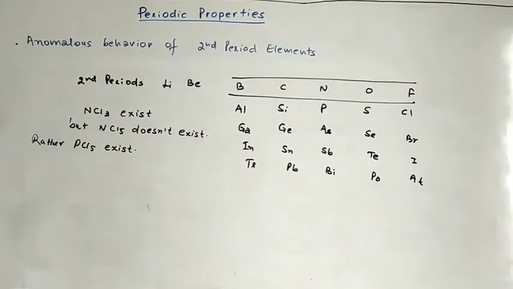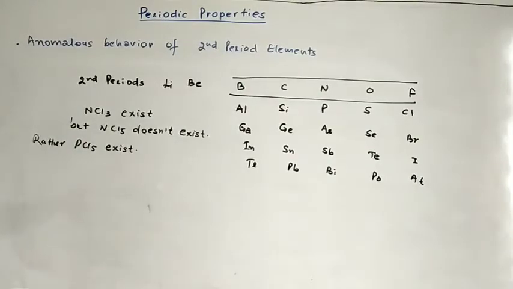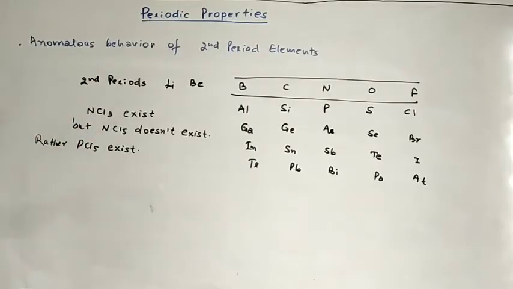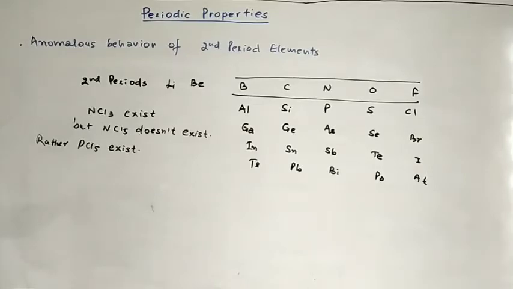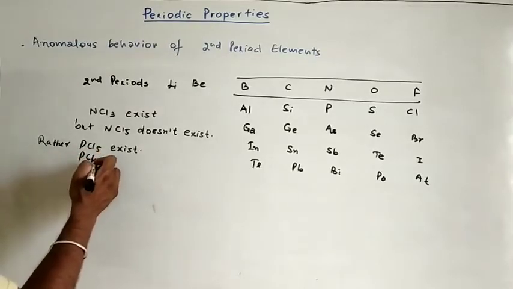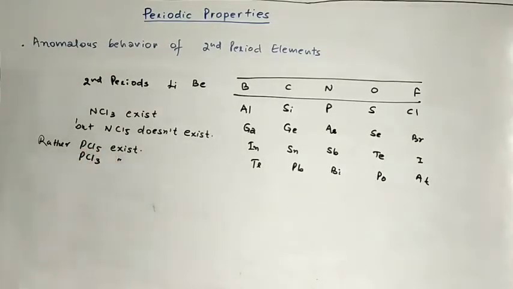That is the different behavior of nitrogen and phosphorus. Nitrogen cannot extend its valency beyond 3. नाइट्रोजन की वैलेंसी 3 से ज्यादा एक्सटेंड नहीं कर सकता वो. NCl3 होता है, NCl5 नहीं होगा. It cannot form 5 bonds, but phosphorus can form 5 bonds. It can exist as PCl3 as well as PCl5. इसके जो है दोनों exist करते हैं.